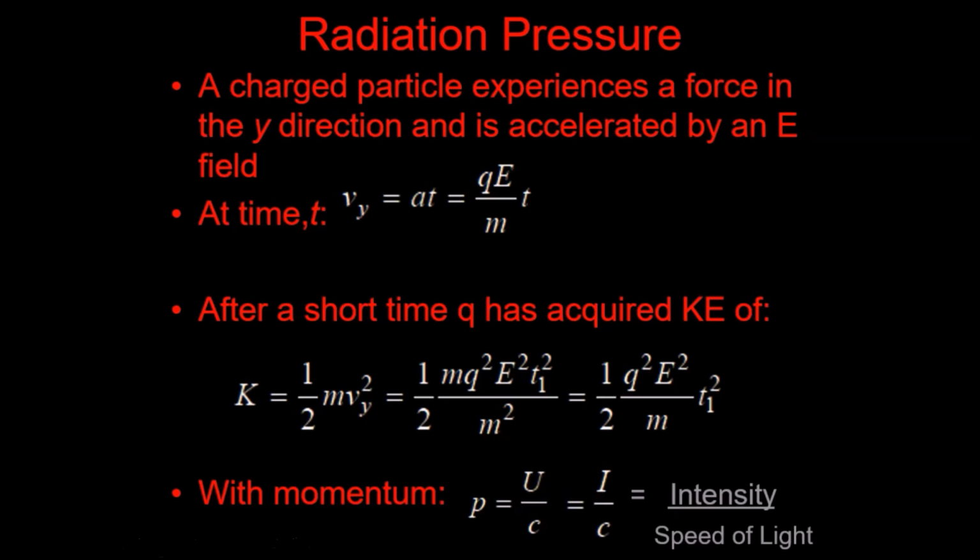So essentially you can power a sail using light if that sail is big enough and you have an intense enough light source. So momentum here is essentially intensity divided by the speed of light. This is potential energy here over c, which translates the intensity of light.